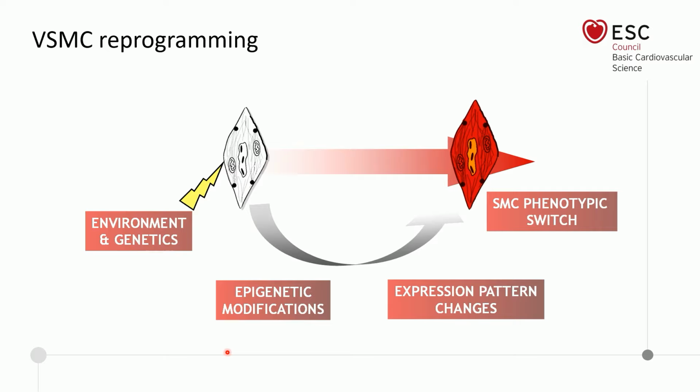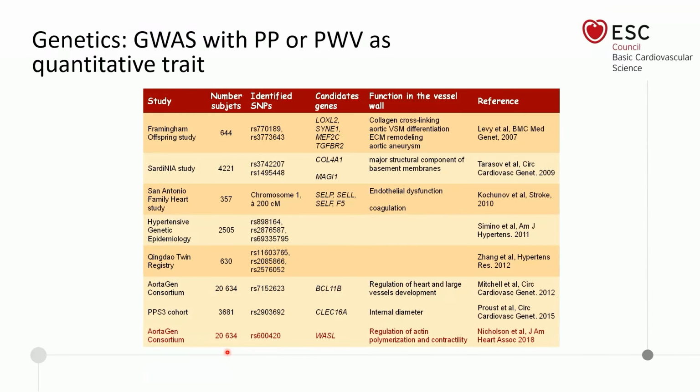We know that environment and genetics produce epigenetic modifications leading to expression pattern changes and to smooth muscle phenotypic switch. A few words about genetics. Genetics shows, for example, that there are some SNPs associated with cardiovascular disease.